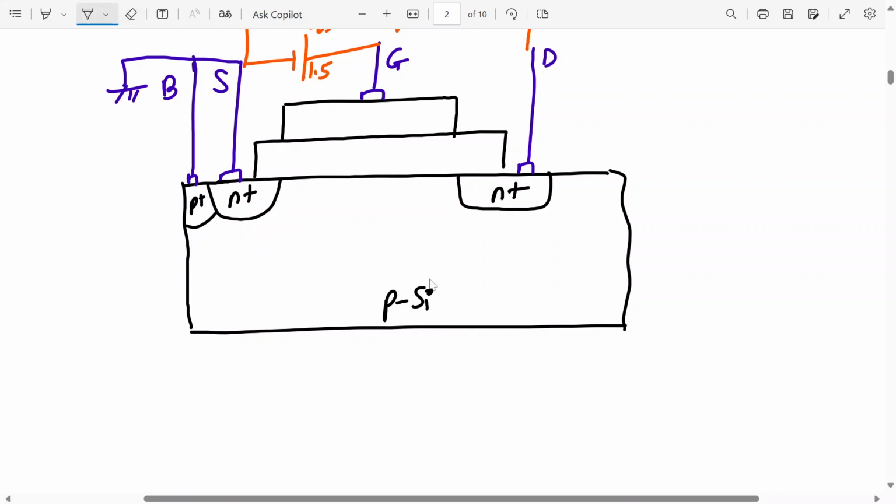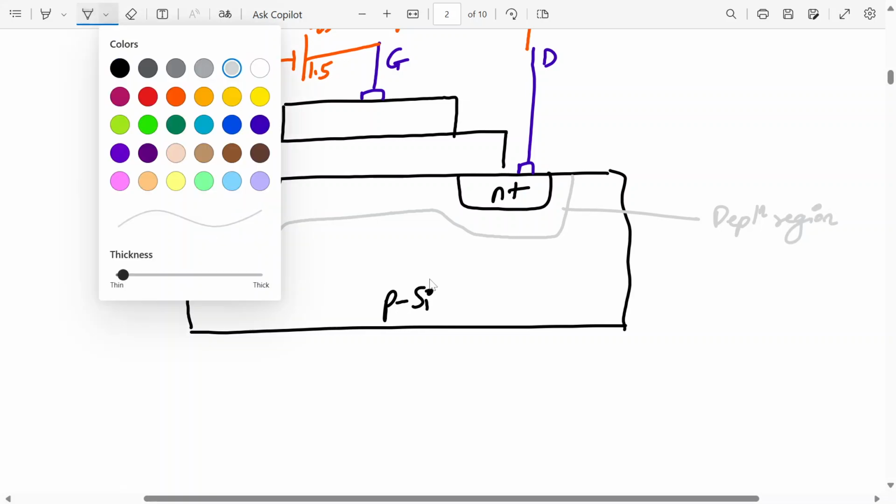Sorry, let me draw it again. It will be tapered near the channel, and we need not show that again and again. I am showing the depletion layer only once. Do not ever forget that the depletion layer is present. Inside that we form a channel.